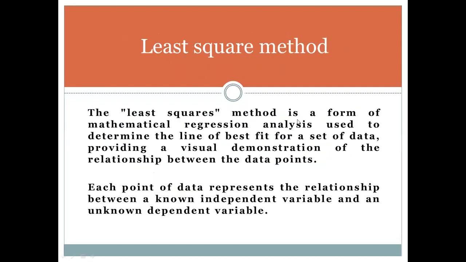Least square method is a form of mathematical regression analysis used to determine the line of best fit for a set of data, providing a visual demonstration of the relationship between the data points. Each point of data represents the relationship between a known independent variable and an unknown dependent variable.